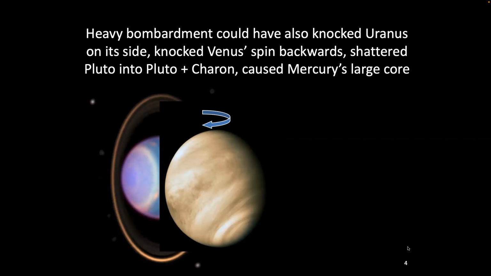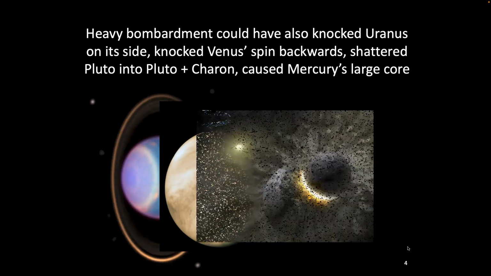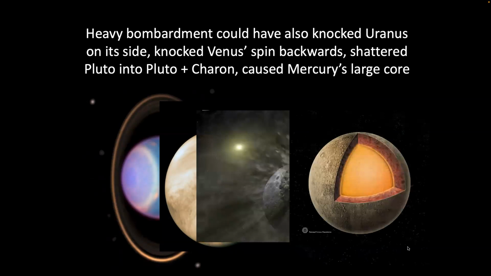So we think of it as being untestable. Now, maybe someone comes along in 100 years and proves it, but then you'll just be like, I remember when I heard that, in whatever your robot voice sounds like at that time. Okay, so that's Venus. Probably shattered Pluto into Pluto and Charon, and Mercury's large core is due to the fact that you smashed off the outer mantle.